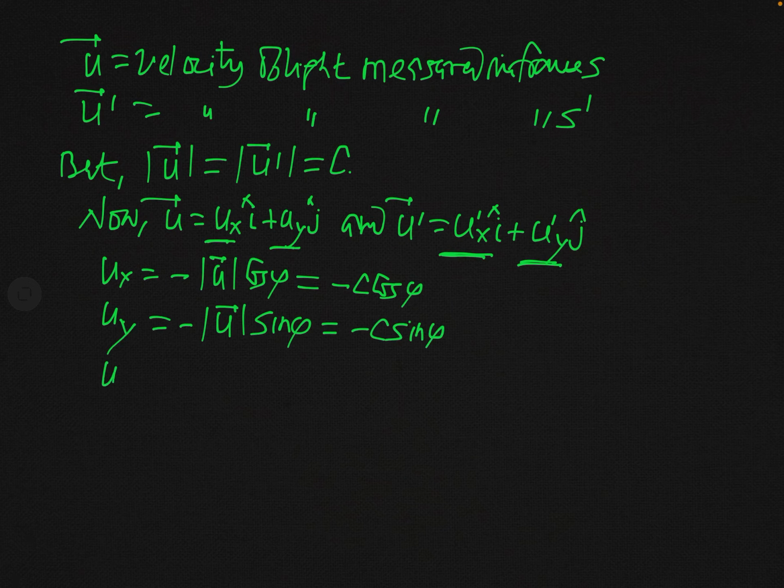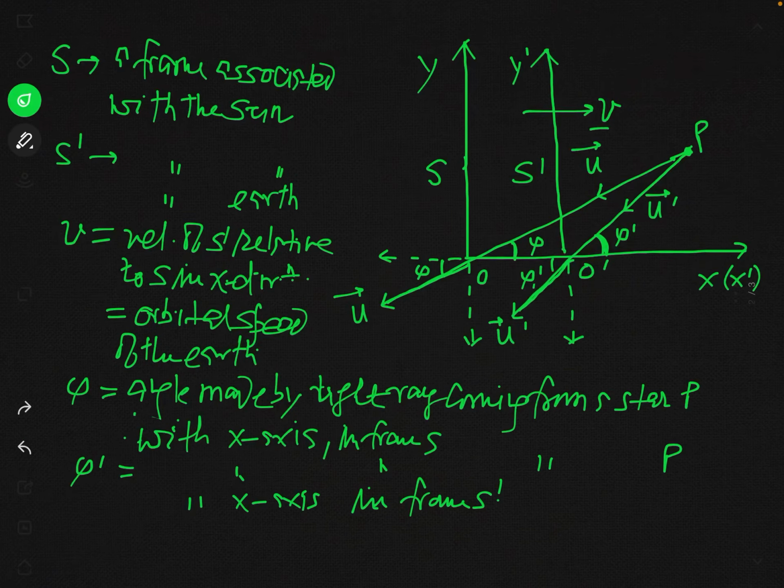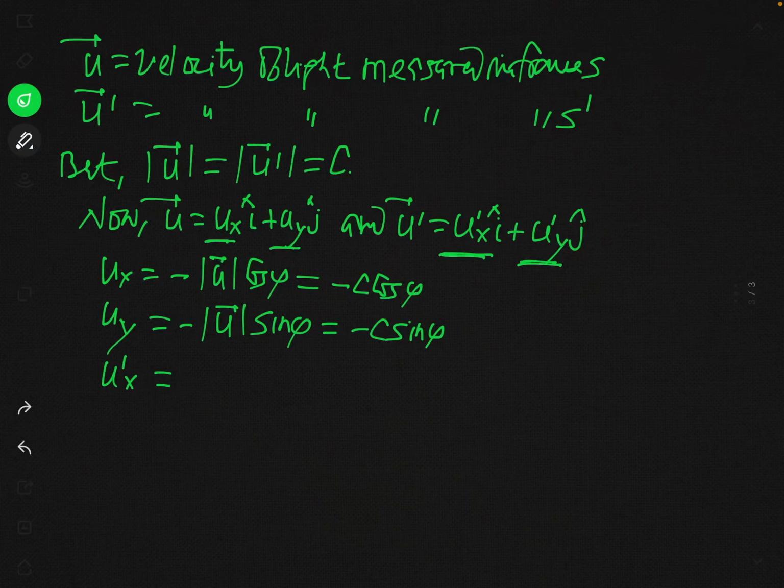Similarly, you can find the values of u prime x and u prime y. For this, again see this figure: this u prime vector actually makes an angle phi prime with the negative x-axis. So this component will again be minus modulus of u prime cos phi prime.